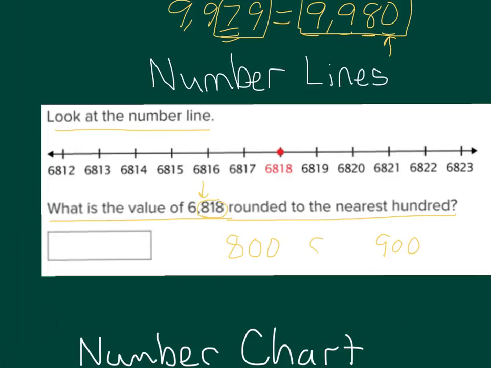The middle number, the halfway number, is 850. 818 falls in between 800 and 850, so rounded to the nearest hundred, it's going to be closest to the 800. So the answer is 6,800. Next question.